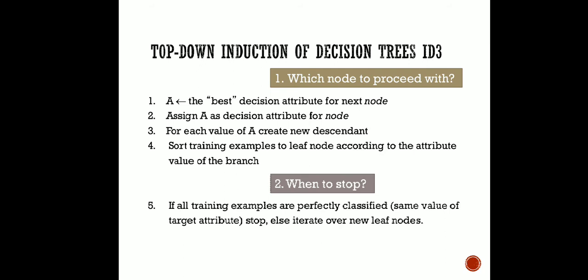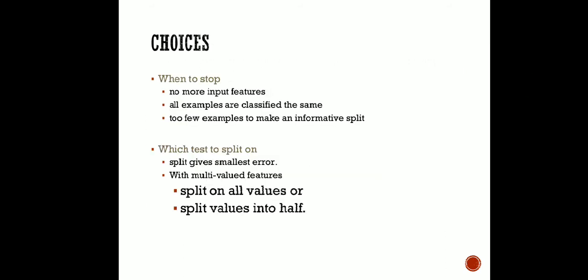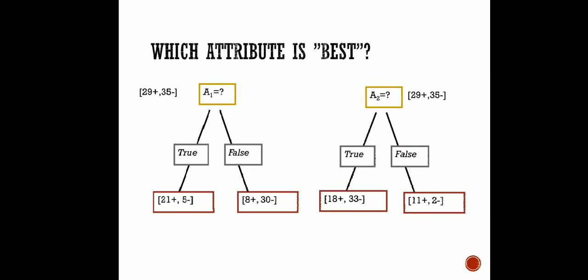This is the famous ID3 algorithm, the formal step-by-step procedure, with the criteria for when we have to stop and when we have to split. Before that we have to learn two more concepts: what is entropy and what is information gain.